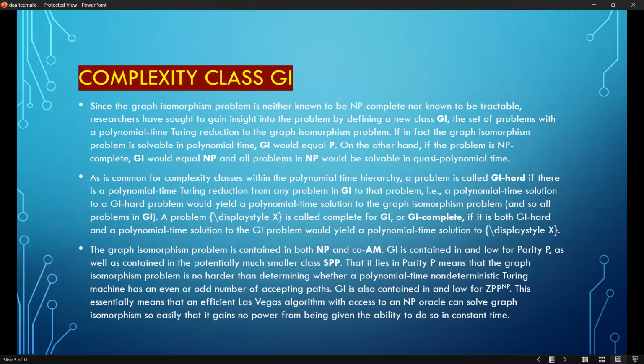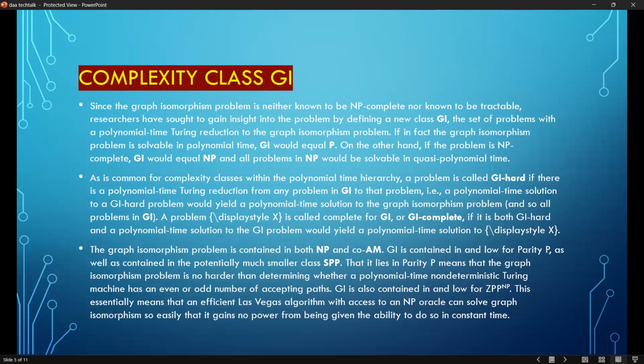The graph isomorphism problem is contained in both NP and co-AM. GI is contained in and low for Parity P, as well as contained in the potentially much smaller class SPP. That it lies in Parity P means that the graph isomorphism problem is no harder than determining whether a polynomial time non-deterministic Turing machine has an even or odd number of accepting paths.